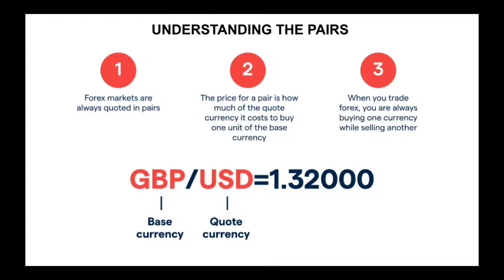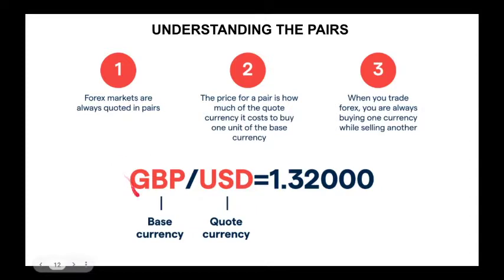Now, understanding how the currency pair really works. First of all, the forex markets are always quoted in pairs. The price for a pair is how much of the quote currency it costs to buy 1 unit of the base currency. Looking at this picture, GBP/USD: the GBP is the base currency, while the US dollar is the quote currency.